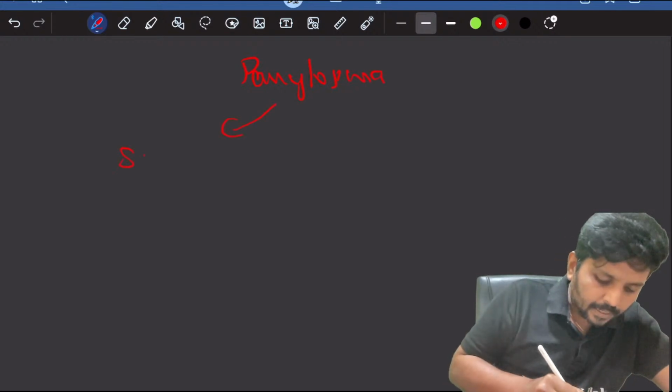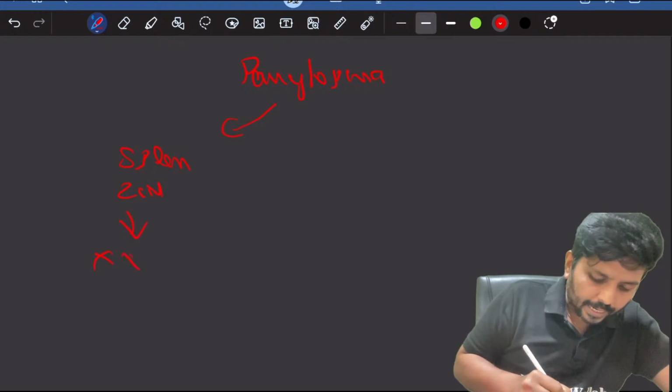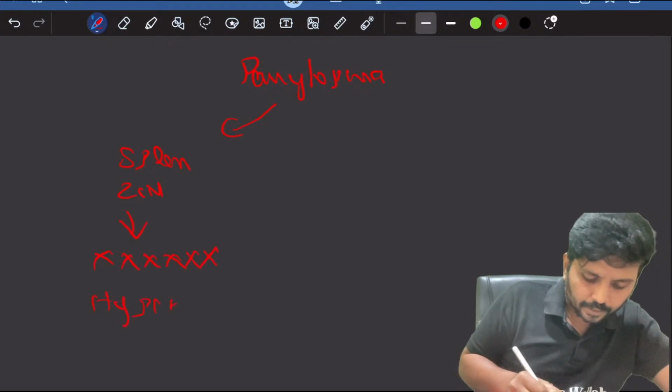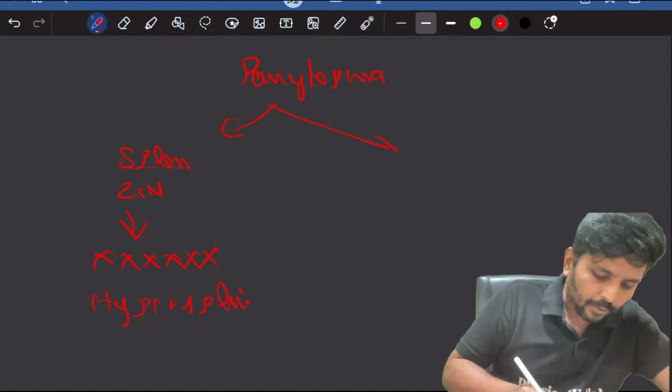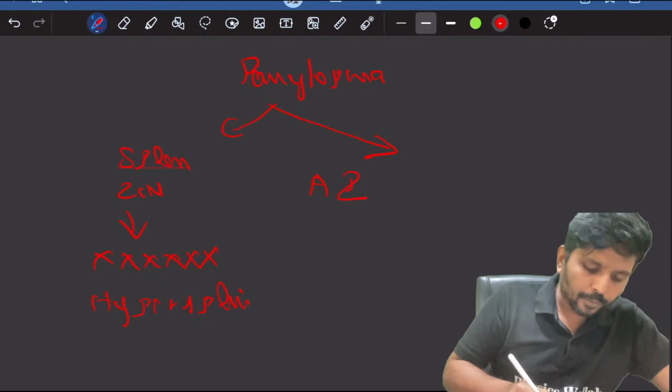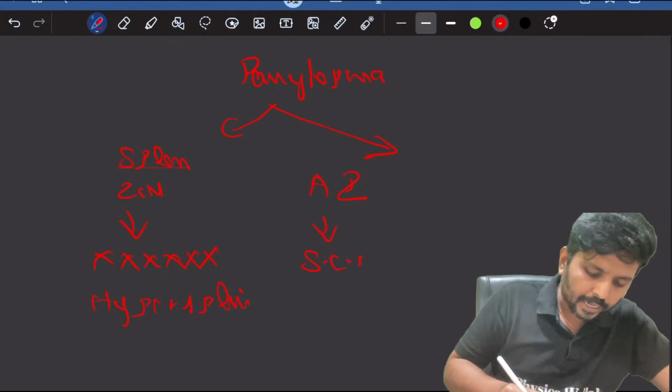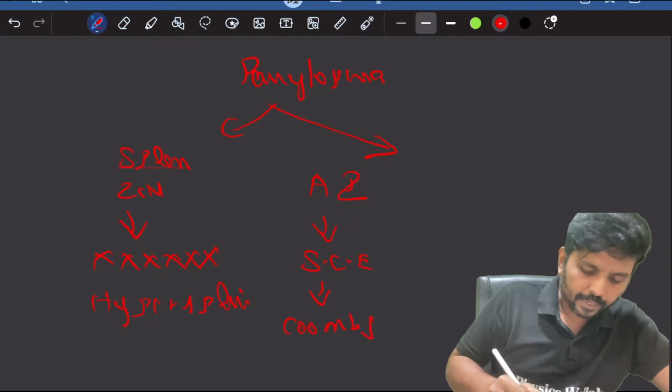But the spleen is just 2 centimeters. So it is unlikely to be due to hypersplenism, because in hypersplenism you will get a huge spleen. Second, it can be due to autoimmune causes, such as SLE, in which you will have Coombs positive hemolytic anemia.